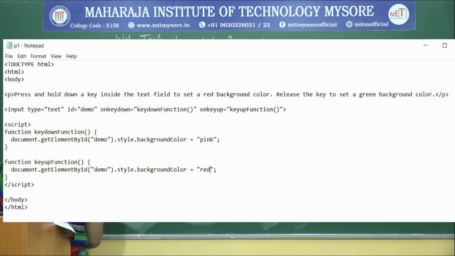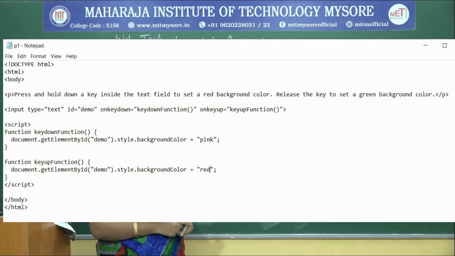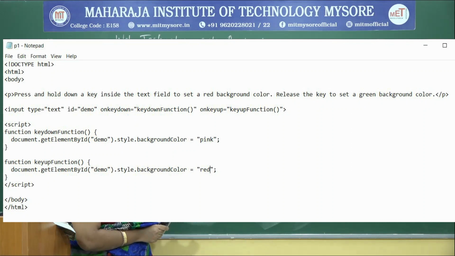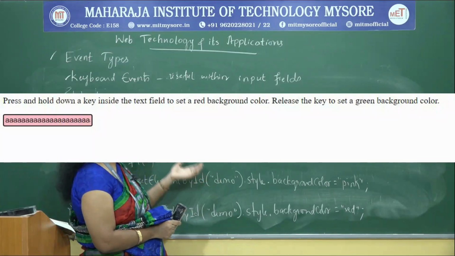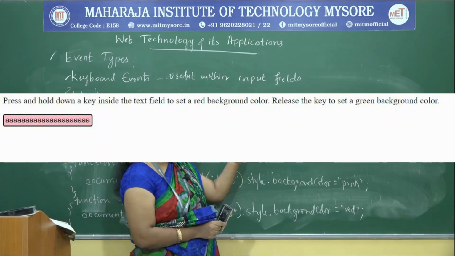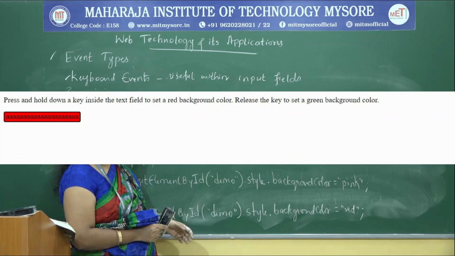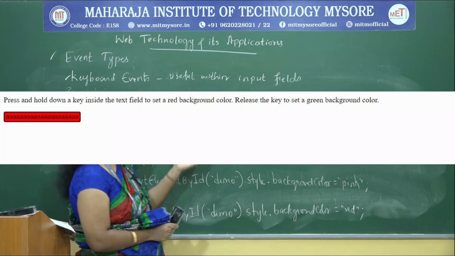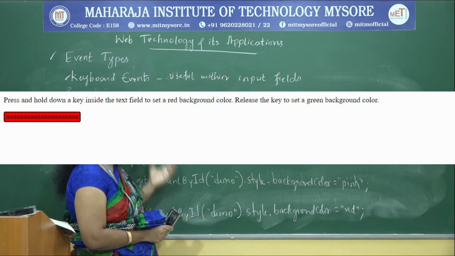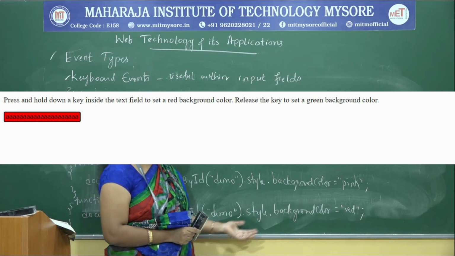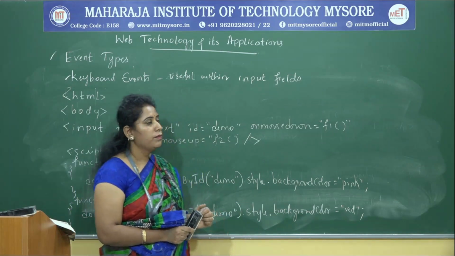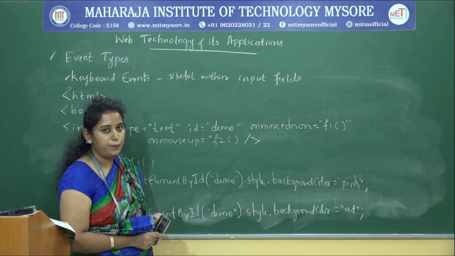So what happens once you run this program? You can observe the output. There is a text field where you can enter text. Once I press a key, the background color changes to pink, since the onmousedown function is defined to set the background color to pink. If I release a key, onmouseup gets called and it changes the background color to red. Okay, you can observe the output.